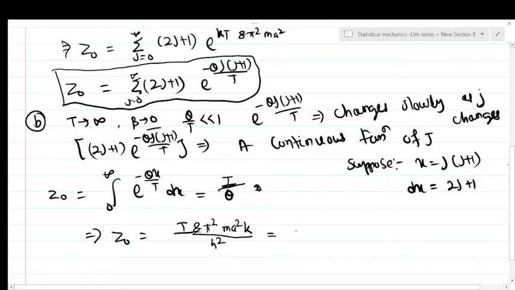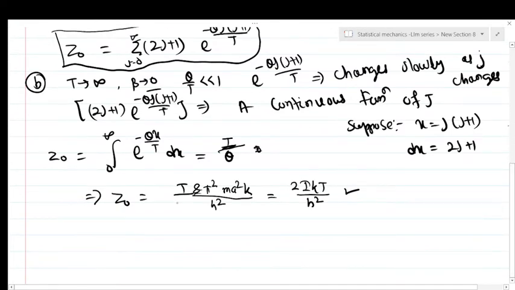If you write it in the form of I, it is 8 pi squared I k T by h squared, the partition function. Okay, this is the answer of question B.